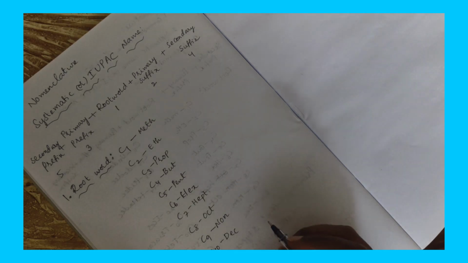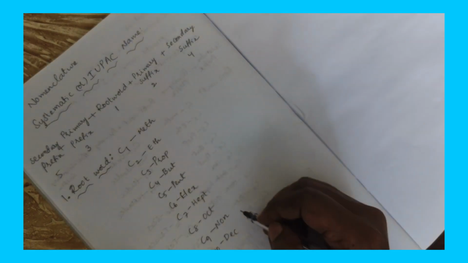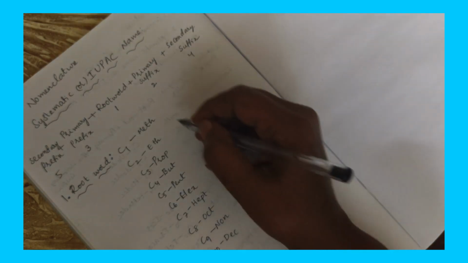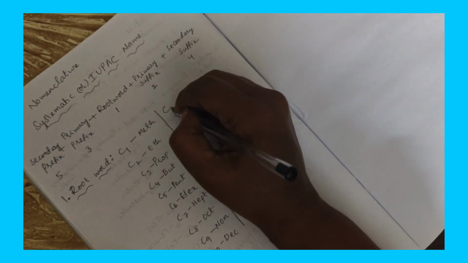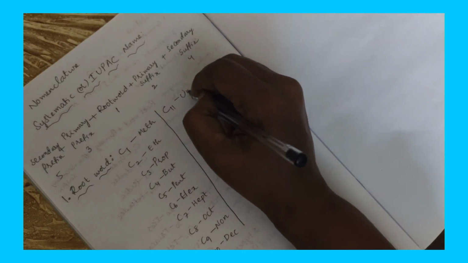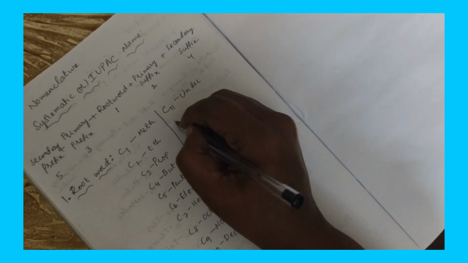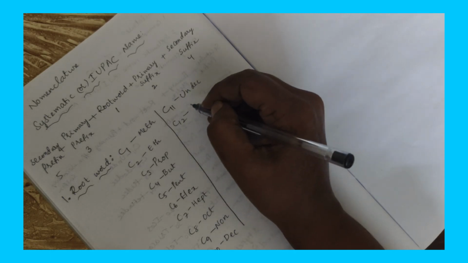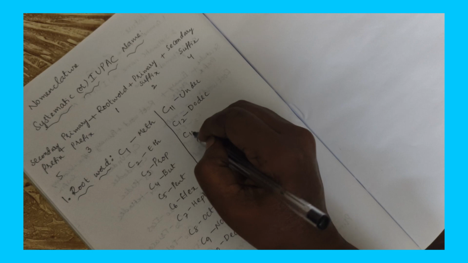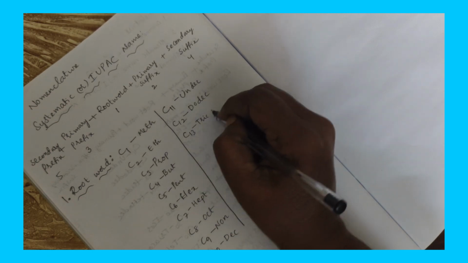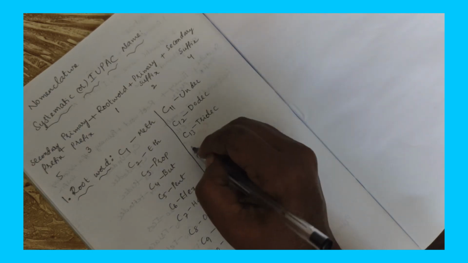Basically we have to know these 10 carbons. And for 11 carbons, it is undec. For 12 carbons, it is called dodec. 13 carbons, tridec. 14 carbons, tetradec.